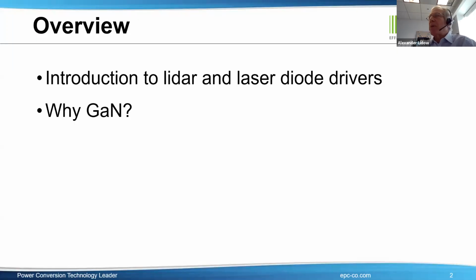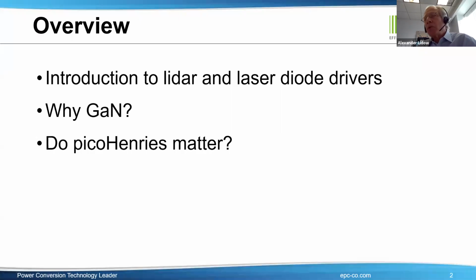It's really an enabling technology, and just about every LiDAR system that you see out there will use gallium nitride, primarily from EPC, in order to fire the lasers. And then we'll talk about picohenries, strange little subject, but do they really matter? And I'll explain why they do matter and really need to be focused on.